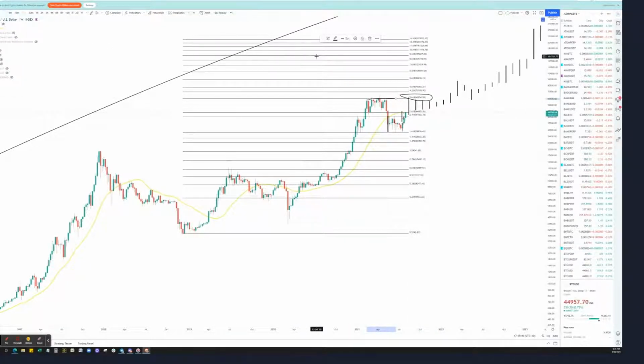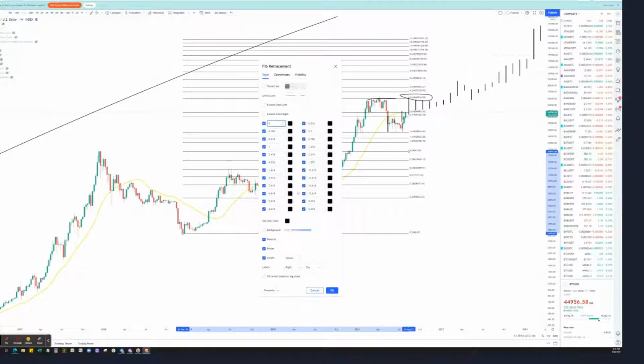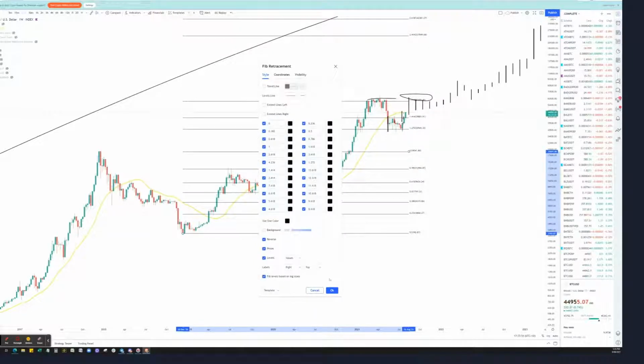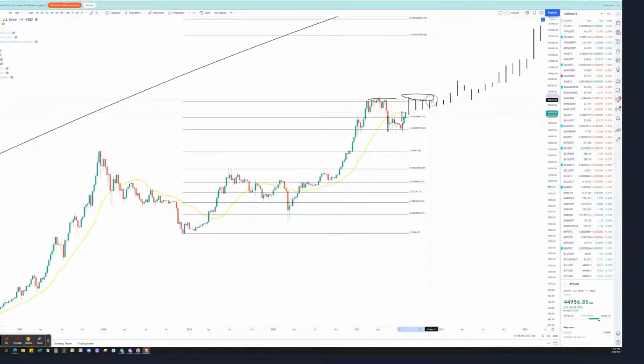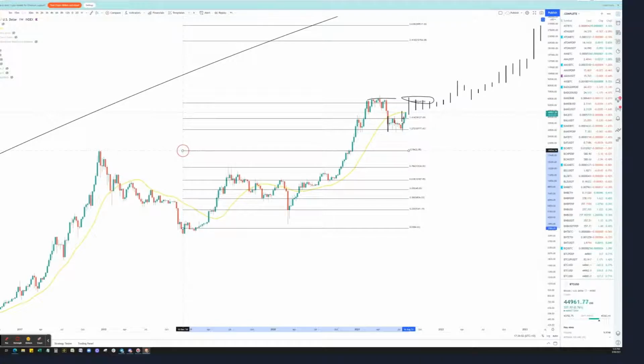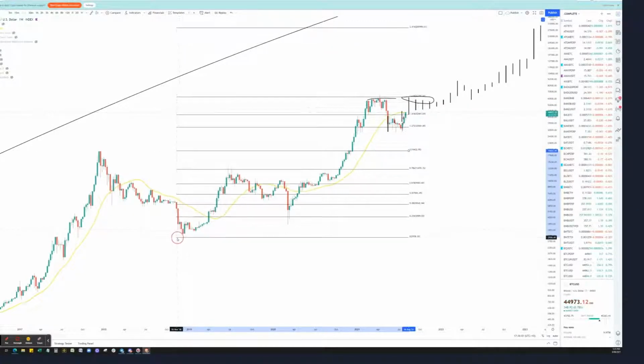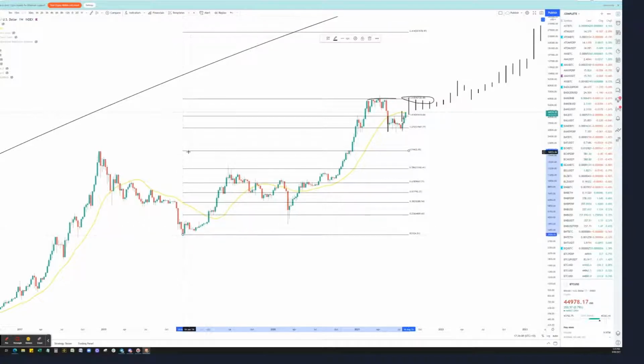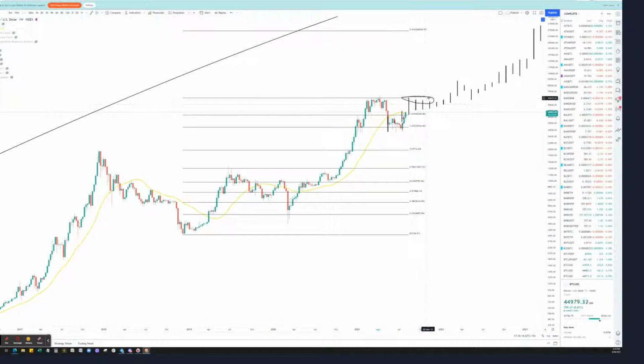If I was to change this around and put the log on, it becomes the 1.618 as a resistance. If I do it perfectly, it will be there, including the wick. It's perfect there, right? So the 1.618 is the golden ratio.